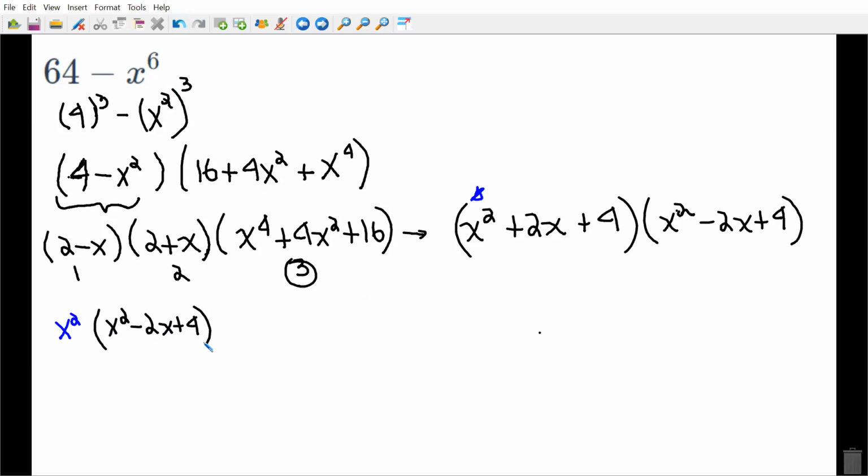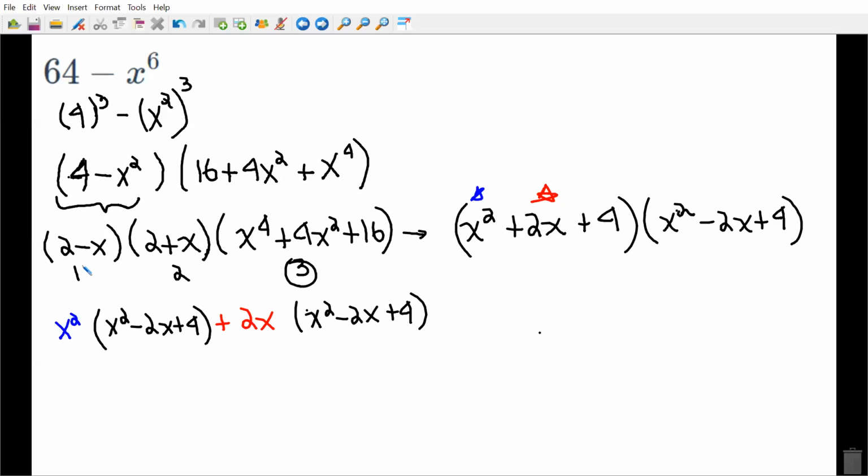And then in red, plus 2x, that is going to be multiplying x squared minus 2x plus 4.